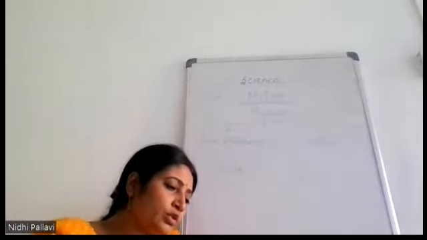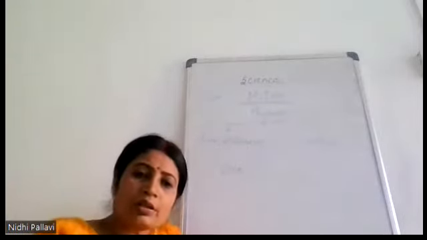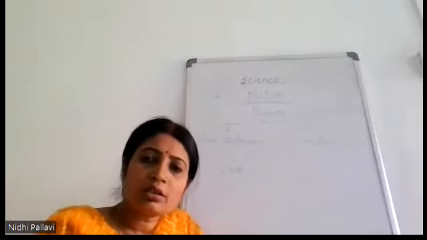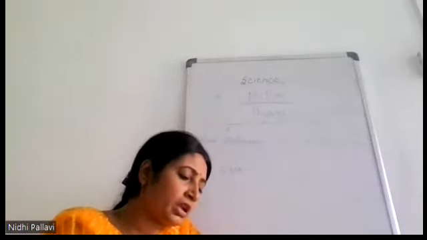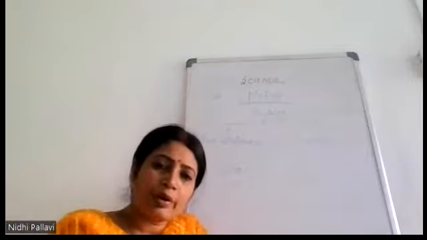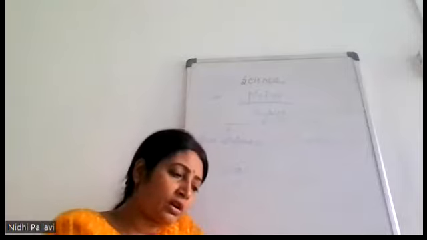An object may appear to be moving for one person. That is what is written here. An object may appear to be moving for one person and stationary for the other.